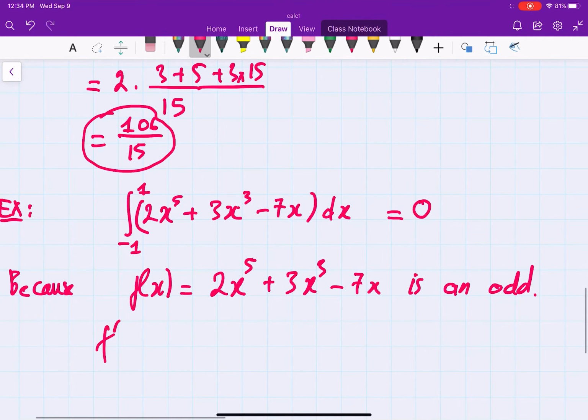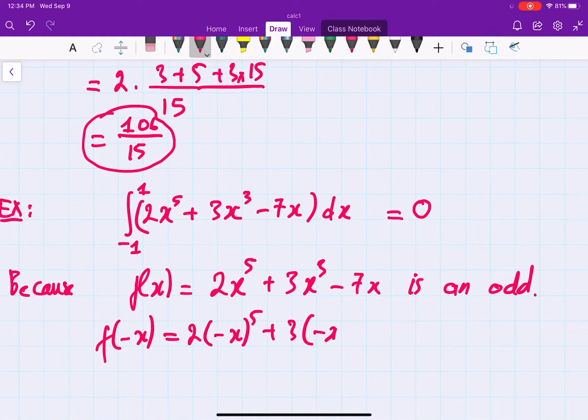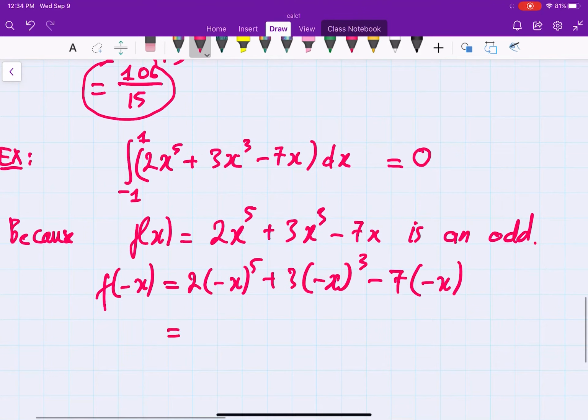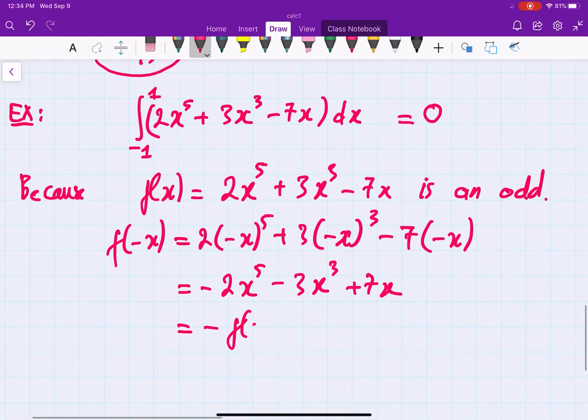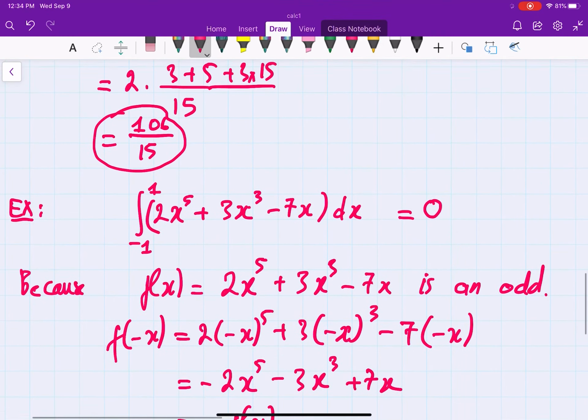Because f of negative x equals 2 times negative x to the 5th plus 3 times negative x cubed minus 7 times negative x. So you get negative 2x to the 5th minus 3x cubed plus 7x, and this is nothing but negative f of x. And we know that when we integrate on a symmetric interval, you get 0, because they will cancel out.